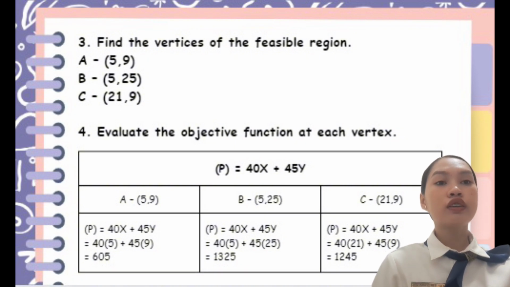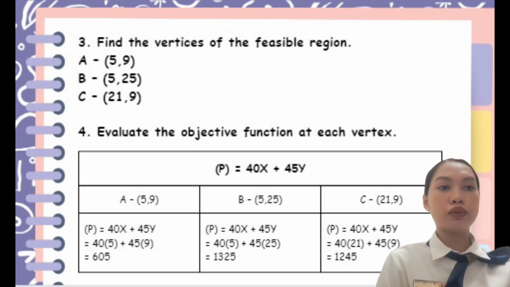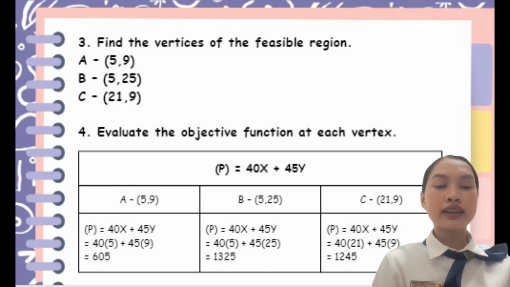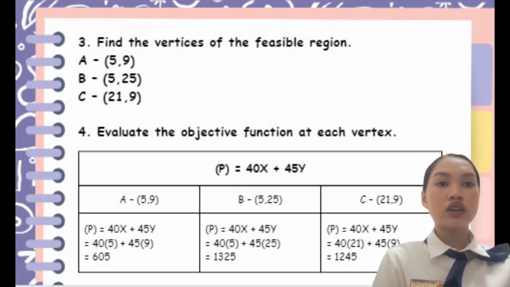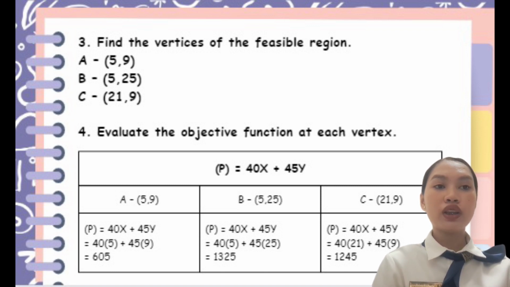We choose the vertex with the maximum objective function value as the optimal solution, so we have to substitute x and y with the desired coordinates. In column A, we have a total of 605 as its objective function. Column B, we have 1325 as its objective function.